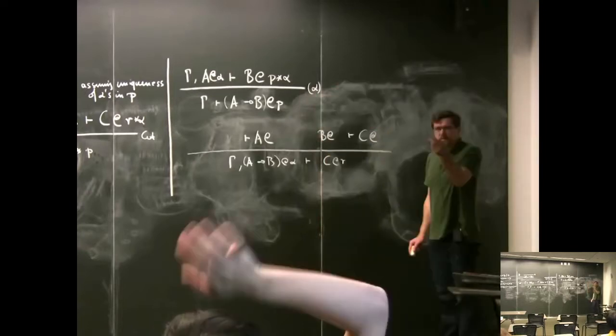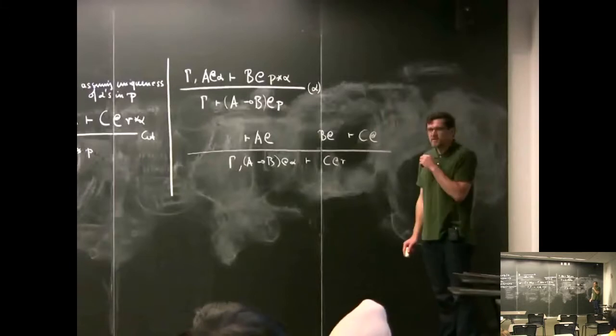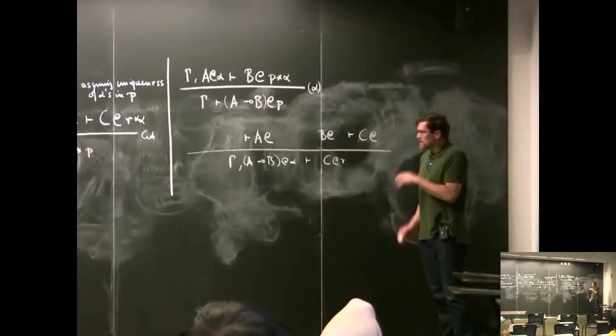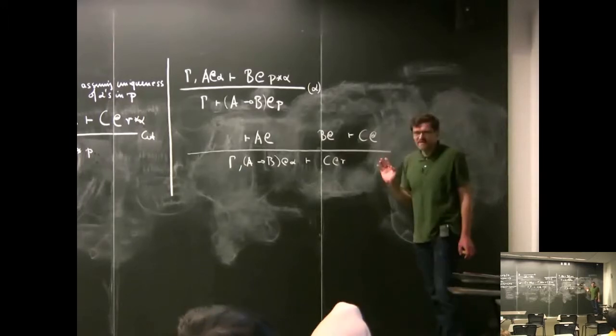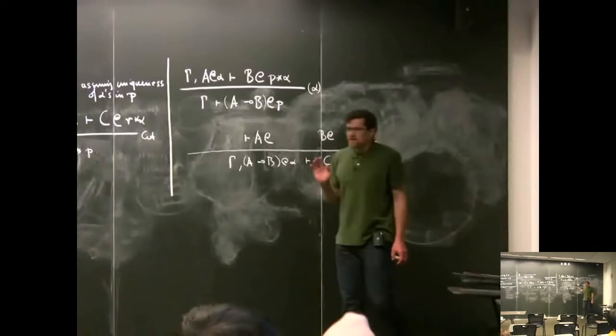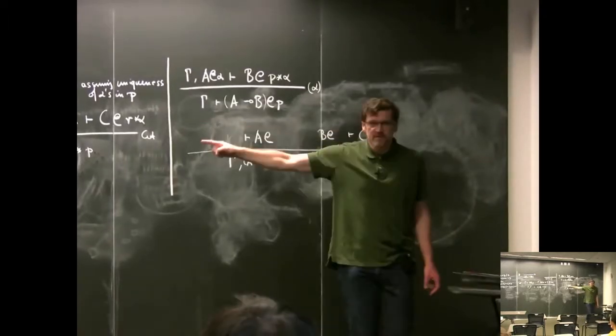Yeah, we also need to split gamma into gamma one and gamma two. Now, the reason I don't want to do that is because then we just rewrite all the rules of linear logic, and all the resource stuff is redundant. If you split the context, we have this thing that I wanted to get rid of, namely the linearity, that each assumption is used exactly once.